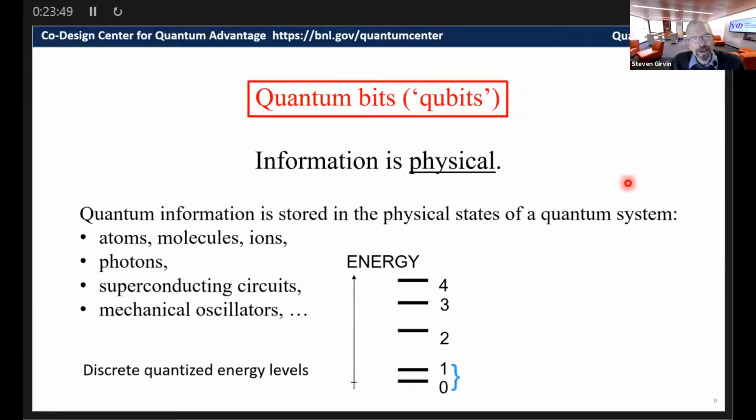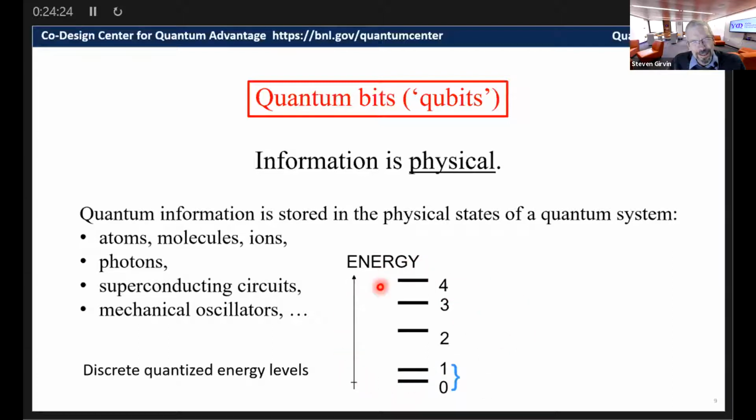So let's now compare all of this to quantum bits or qubits. Again, information is physical, but now the quantum information is stored not in a macroscopic switch or state of a transistor, but maybe in a single atom or an ion or this quantum state of a single particle of light, a photon, or what we work on, the quantized energy levels of superconducting circuits, or perhaps the quantized energy levels of mechanical oscillators.